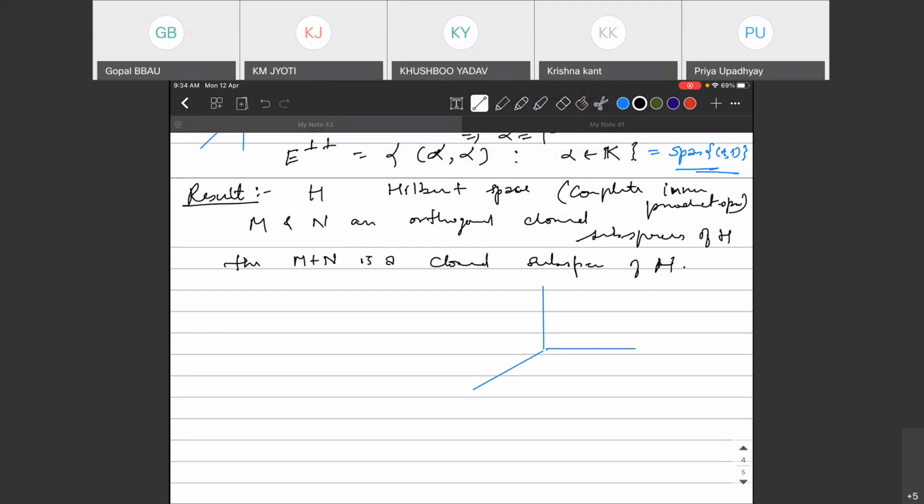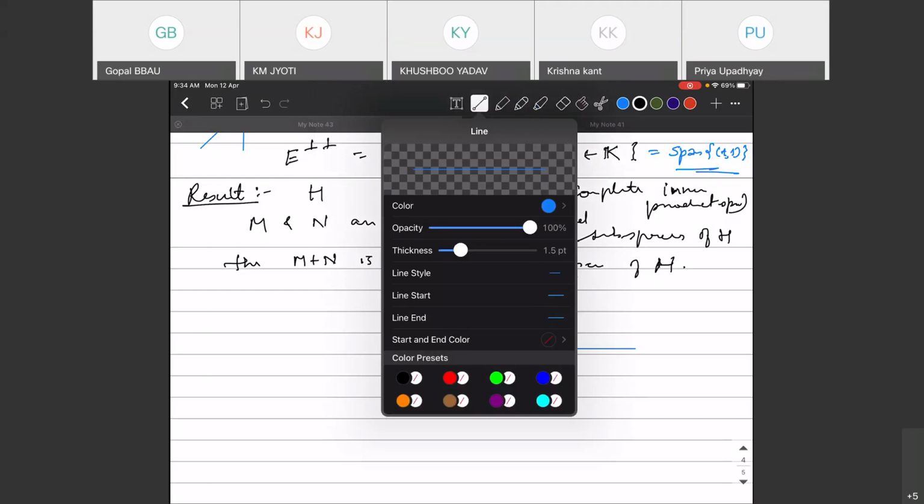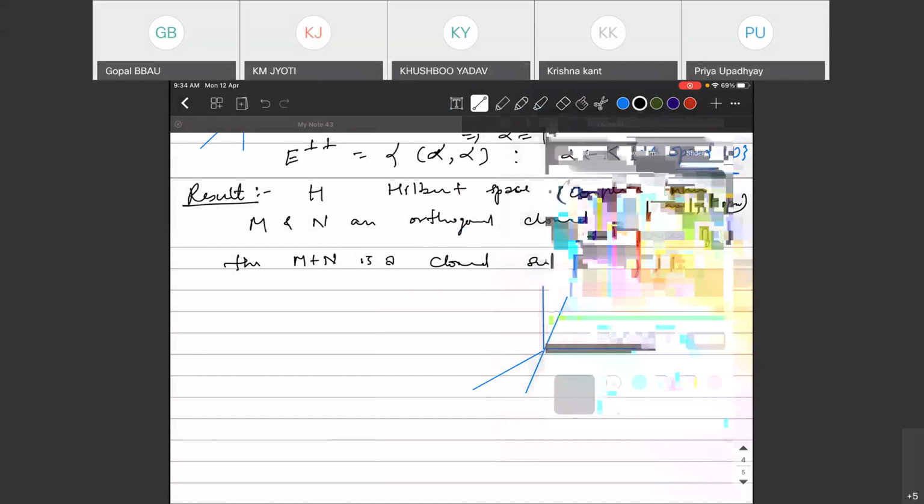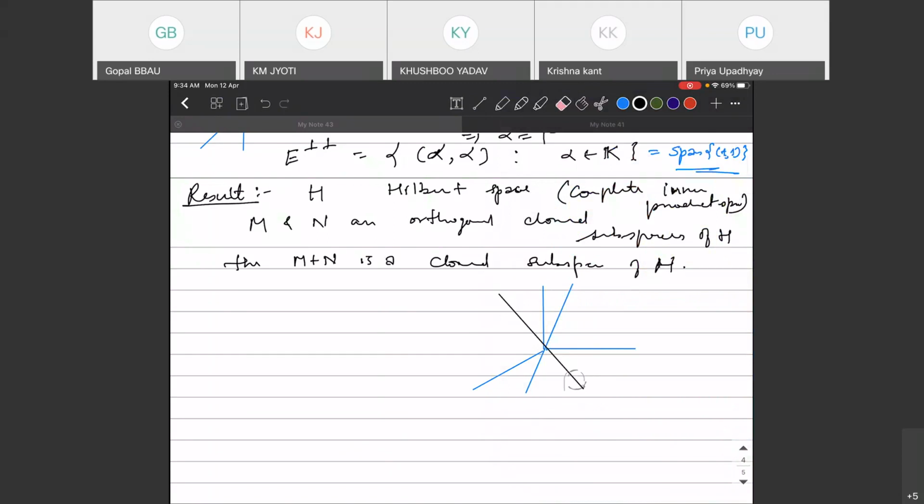And take two closed subspaces of R3. Suppose this line passing through the origin is a subspace, and another line comes like this and it penetrates this paper.